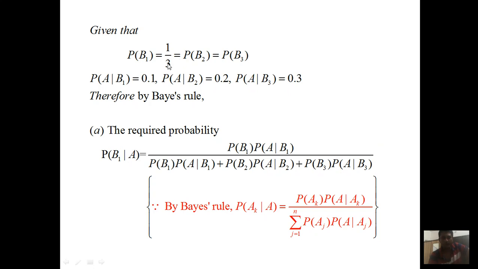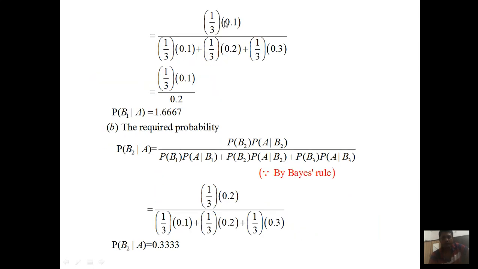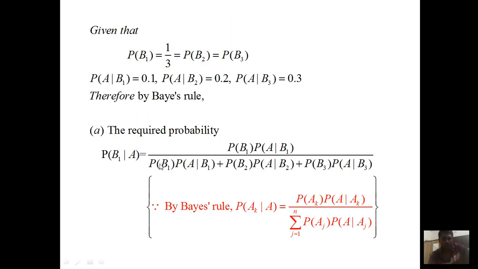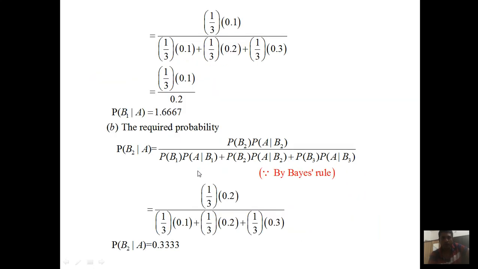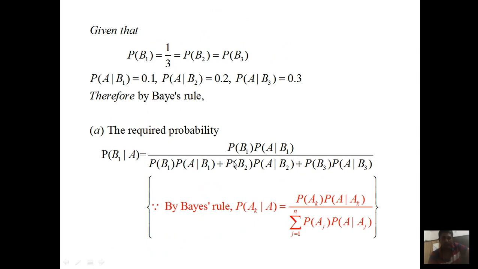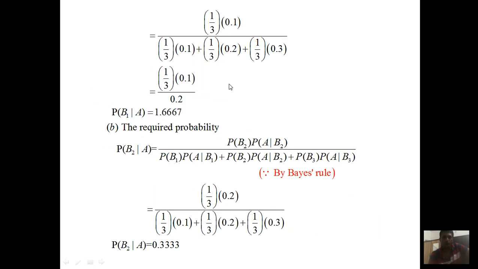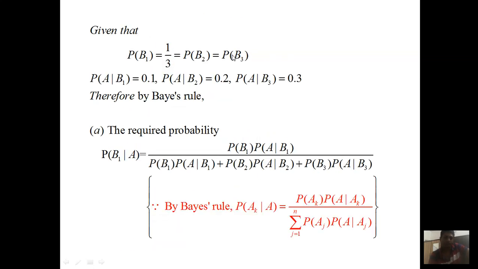Probability of B1 is 1/3 and probability of A given B1 is 0.1, so the numerator becomes 1/3 into 0.1. In the denominator, the first term is 1/3 into 0.1, plus probability of B2, again 1/3, times probability of A given B2, 0.2, so 1/3 into 0.2.